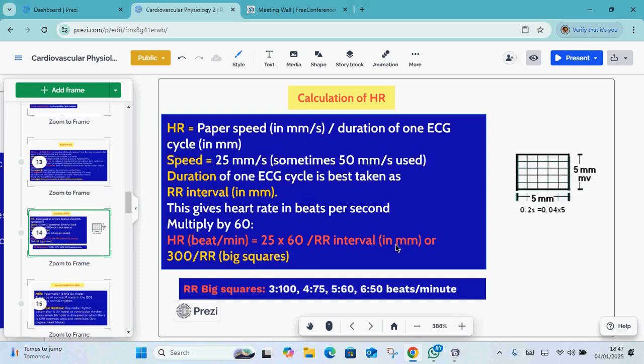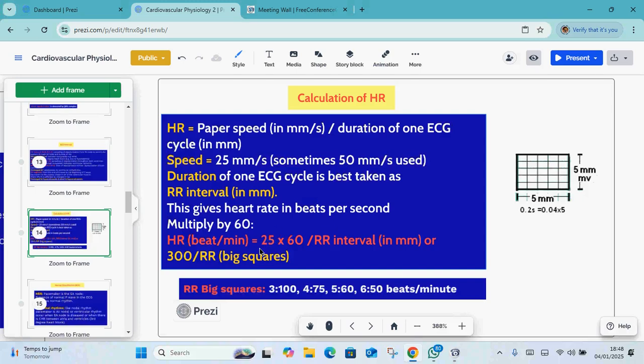To make the calculation easy, instead of calculating the small boxes, we calculate the large boxes. So we say there are 2 large boxes, or 2.5 large boxes, or 3 large boxes. For the math people, we can take 5 out of this 25, right? So when we measure the RR interval in big boxes, instead of 25 here we can put 5.